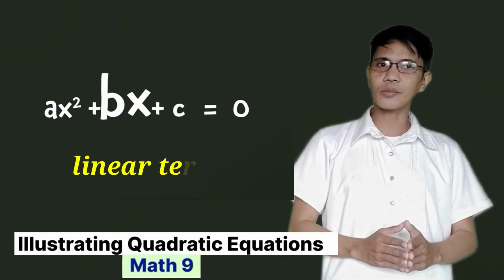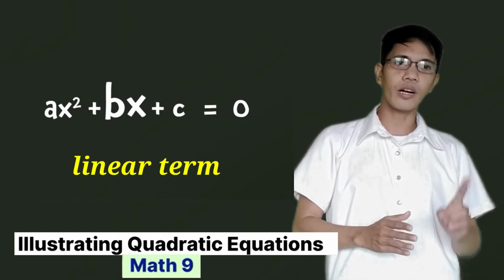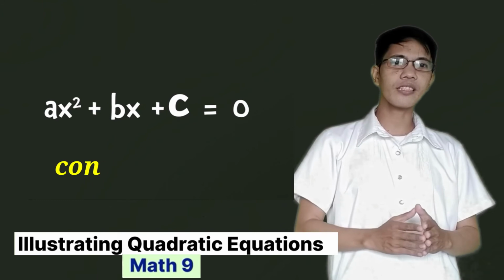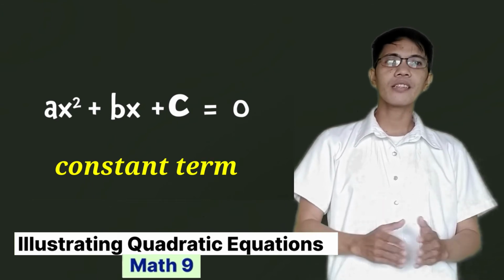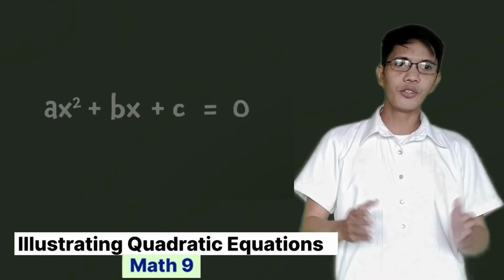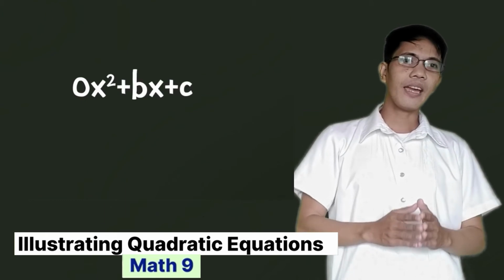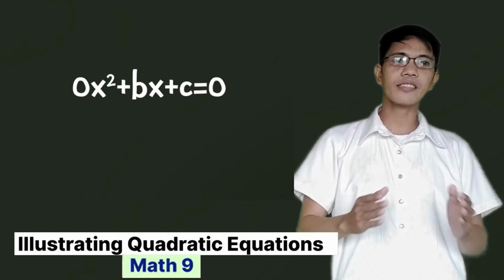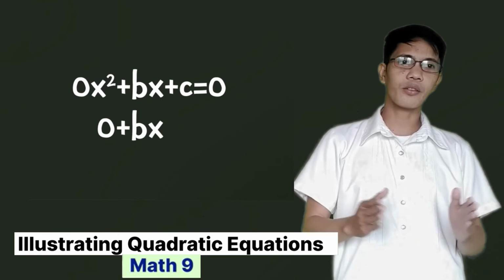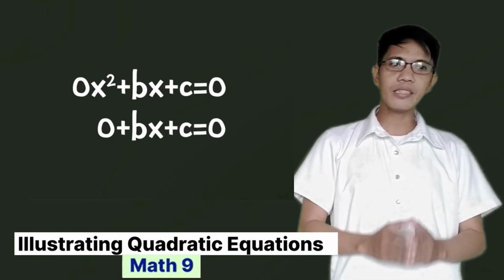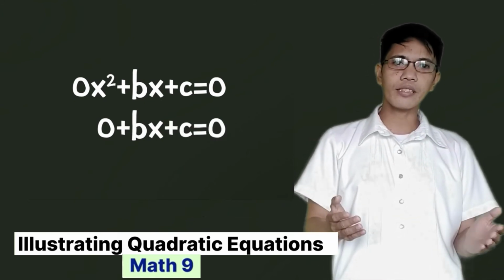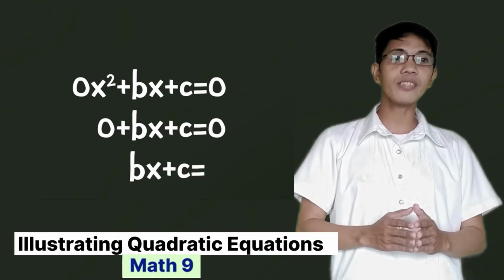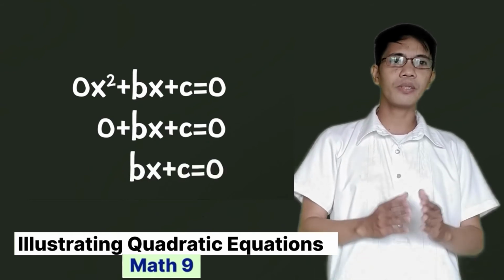Bx is the linear term or the term of degree 1, while c is the constant term or the term of degree 0. Note that a or the leading coefficient is not equal to 0, otherwise the equation will be linear since any quantity multiplied to 0 is 0 and thus can be omitted.